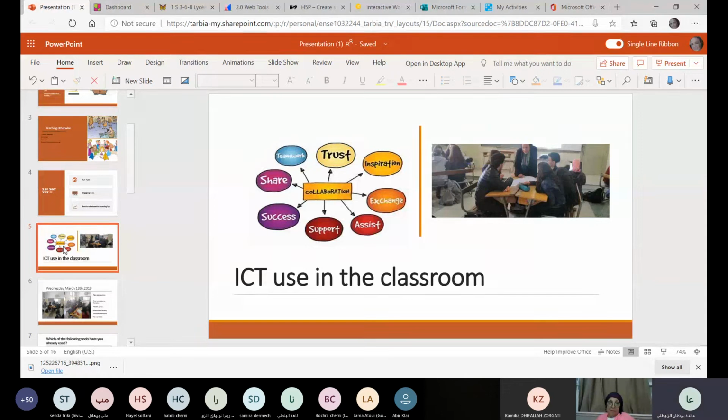Which is the use of ICT in the classroom. And this maybe will surprise you because we started using ICT, say, 10 to 12 years ago. So my experience with ICT in the classroom was limited to the use of the PC and the video projector. And I was happy to do that.